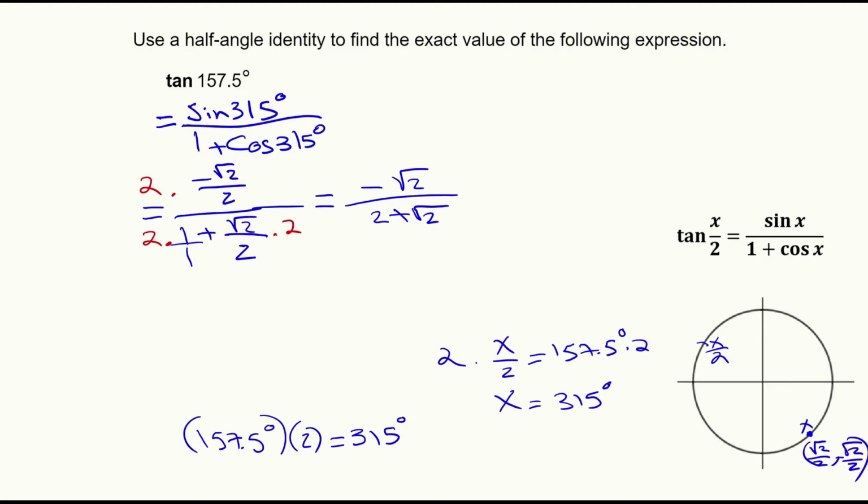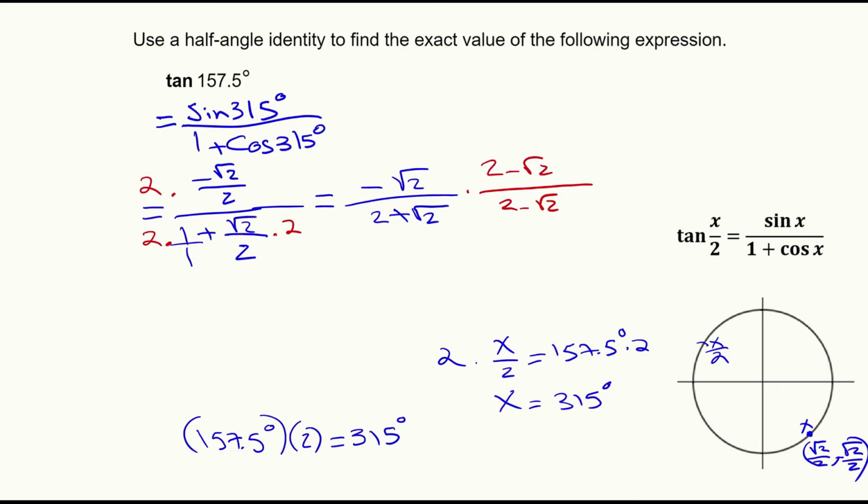Now, as you know, we don't normally like to leave answers like that with the radical in the denominator. We like to rationalize those for good practice, if for nothing else. All right, so we go ahead and multiply the top and bottom of this fraction by the conjugate of the denominator, which is 2 minus radical 2.